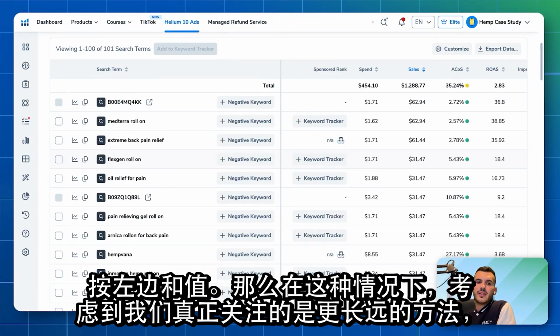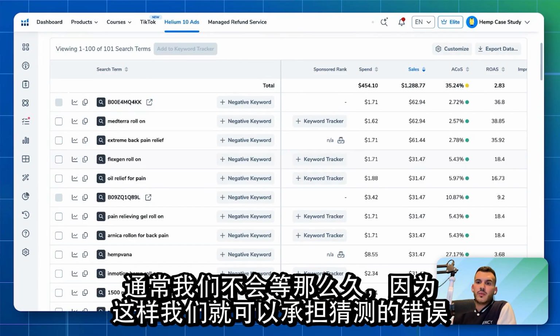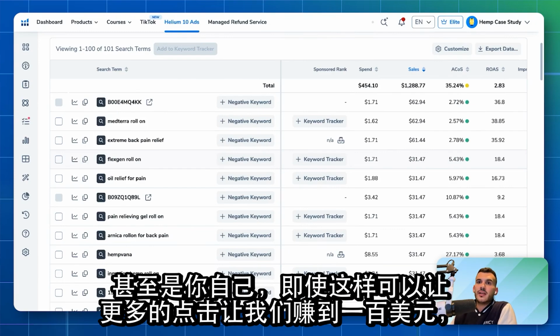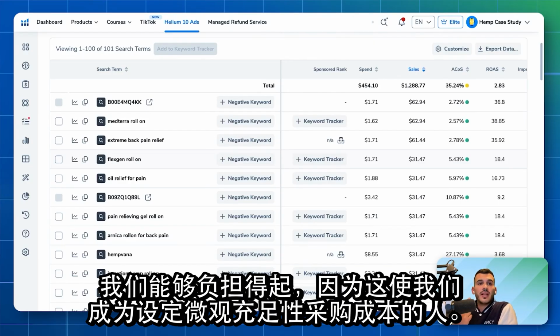Given that we are focusing on that longer approach, usually we don't wait that long, because we can afford the mistake of guessing. Even with one sale, even if it allows more clicks that get us to $100, we can afford it because that one sale might cover the customer acquisition cost.